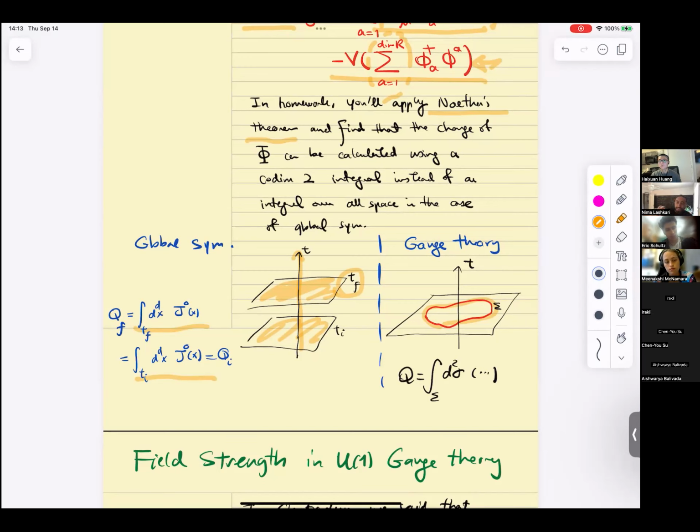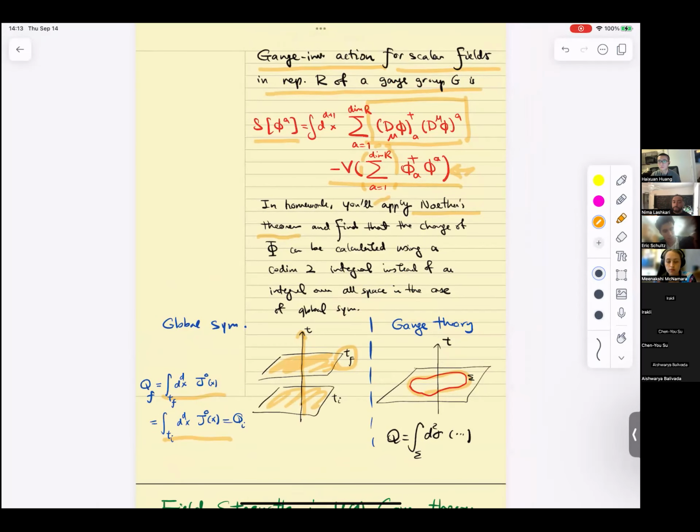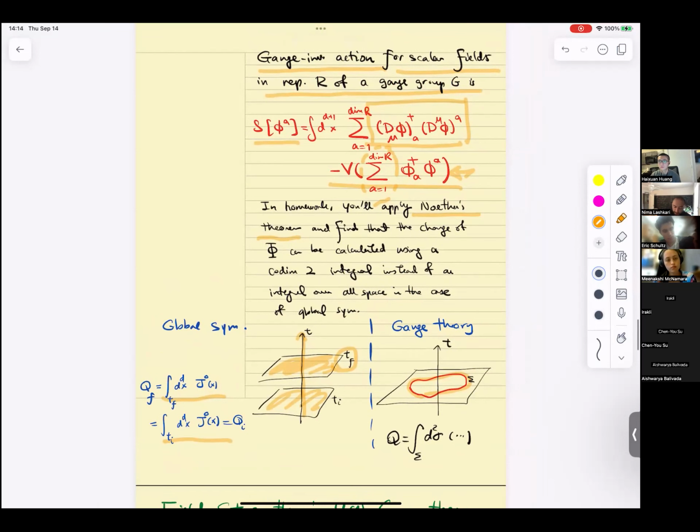This is one key distinction between global symmetries and gauge theory. All right. Any questions? Okay.